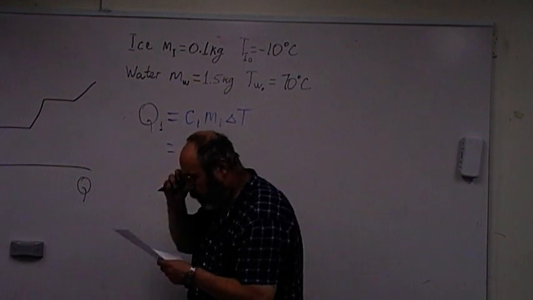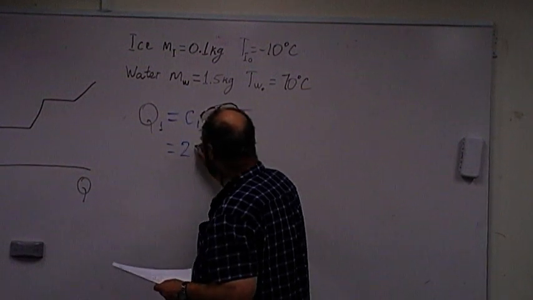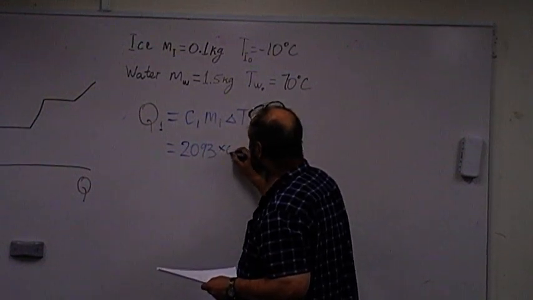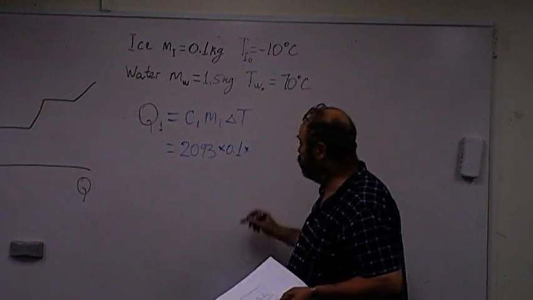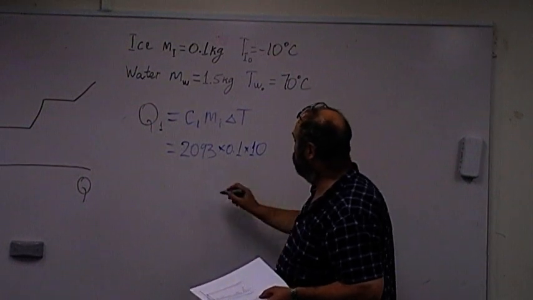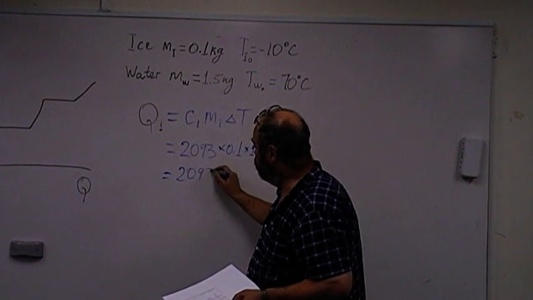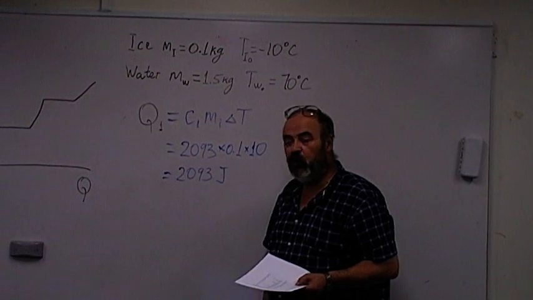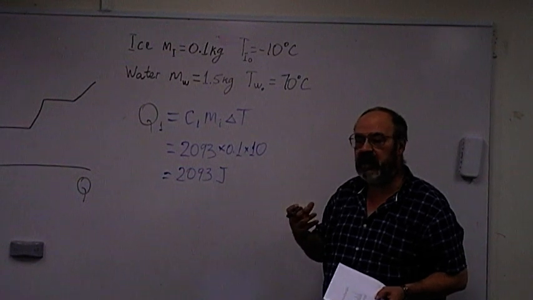Yeah. Okay, so we have 2093 times mass of ice 0.1, and what is the change of the temperature? 10 degrees, because it needs to be heated to 0 degrees, and that will be equal to 2093 joules of heat. That's how much heat is needed just to heat up ice from negative 10 to 0.